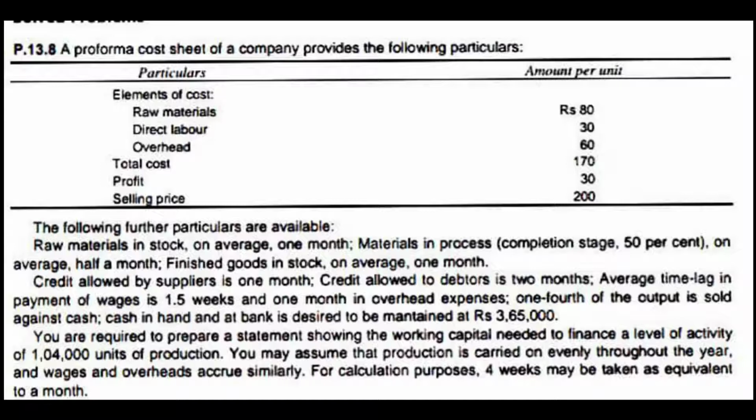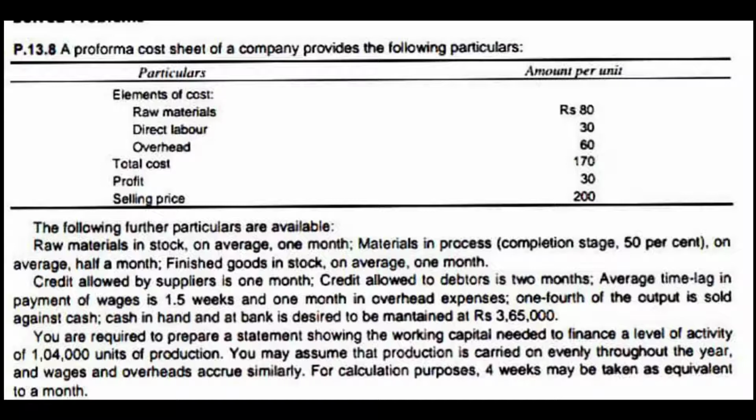Other than this, some of the particulars are given where the raw material in stock on average is 1 month. That means raw material can be held for 1 month. Materials in progress, or you can also say work in progress, the completion stage is 50%, and on an average it stays half a month.